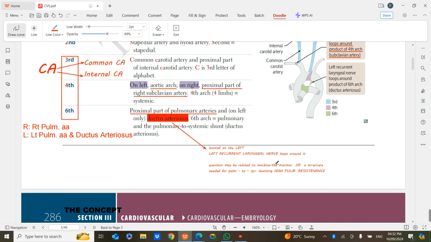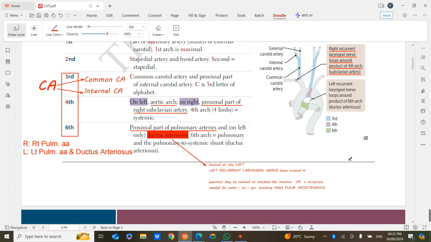It loops round the ductus arteriosus. This is the nerve they will test with respect to the ductus arteriosus. If I were you, I would not forget this. They will ask it in the exam. Anyhow you can imagine it being tested, they will test it. Just don't forget the left recurrent laryngeal nerve for USMLE Step 1.